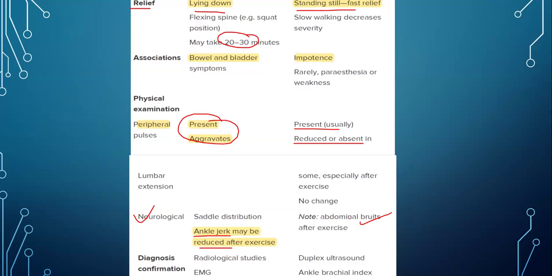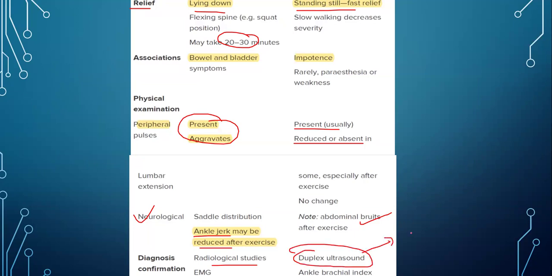How to diagnose? If you think it is spinal canal stenosis causing the neurogenic claudication, the big test is an MRI. Okay, so for radiological studies, the best would be CT or MRI, which can confirm the diagnosis. And if you're thinking of vascular claudication, you would start with a Doppler or duplex arterial ultrasound.